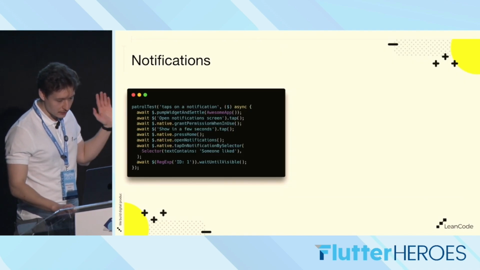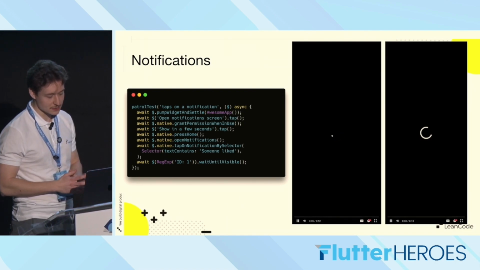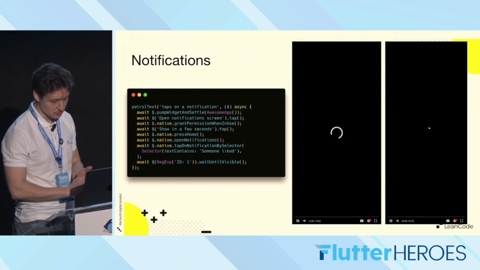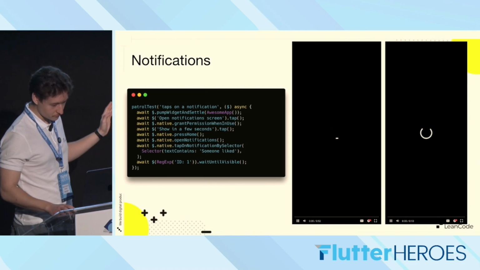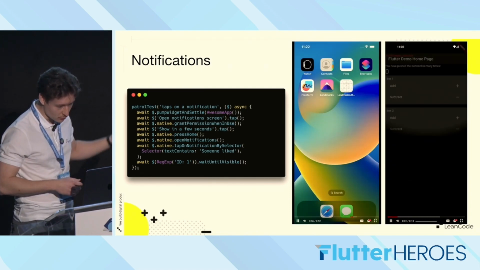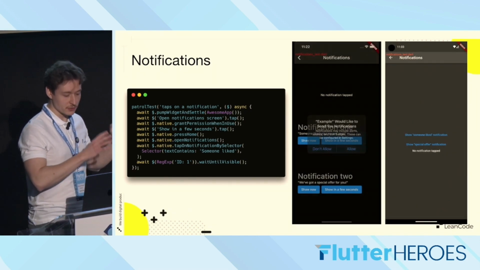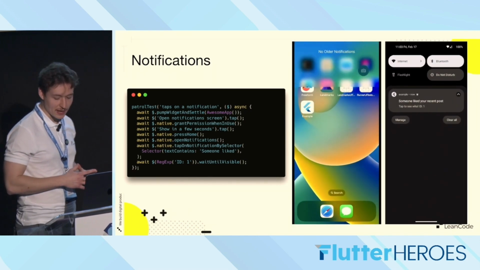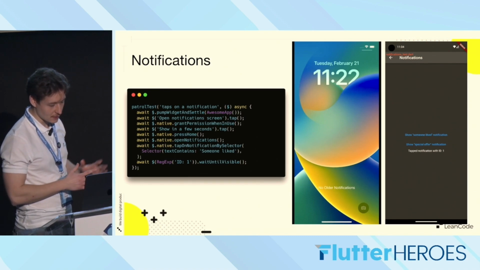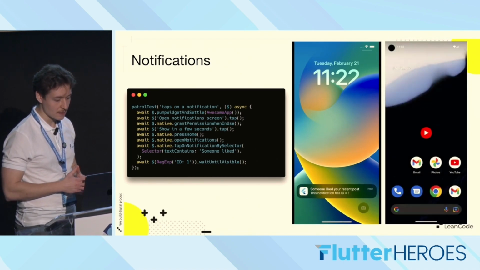So let's go through some of the features that I would say are default. This is about notifications. As you can see, you can grant permission when in use. It's generic. No matter if it's a notification permission or some other, it will try to just tap on the allow button on both platforms.